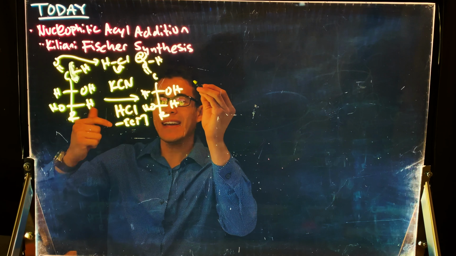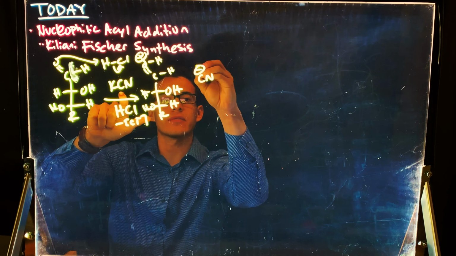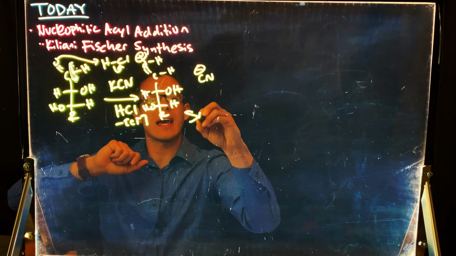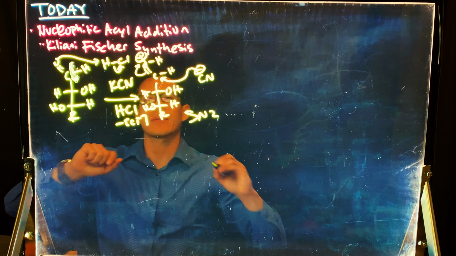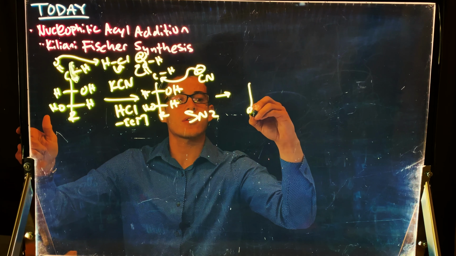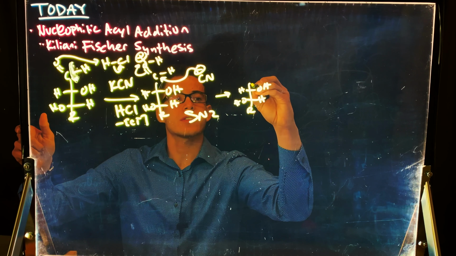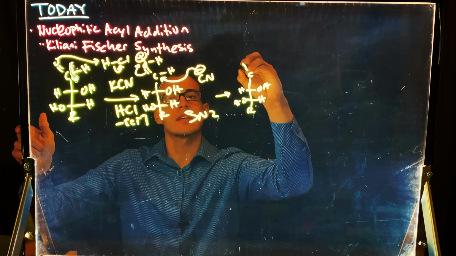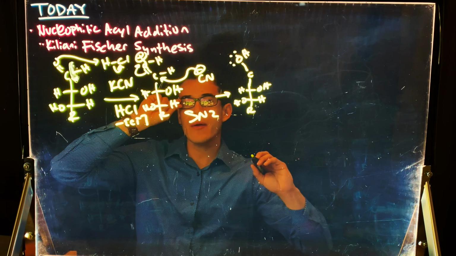Awesome. So now we can see that our CN is going to act as a nucleophile. Our CN is going to do an SN2 attack, a backside attack, hit our carbon, and kick up this O minus. Let's see what we get. Here's our R group, H, OH, OH, and R. A new lone pair was generated up there.